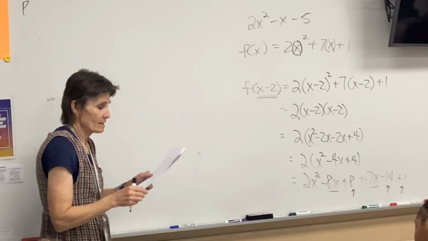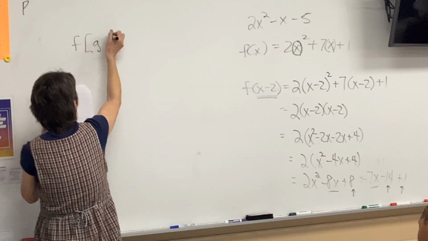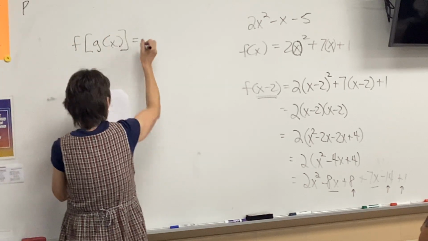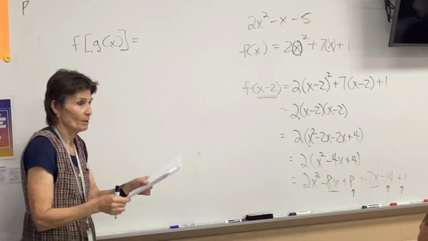Okay, 9 is actually very, very similar. What does this mean? When you see that right there, that's the problem. What does that mean I'm supposed to do?